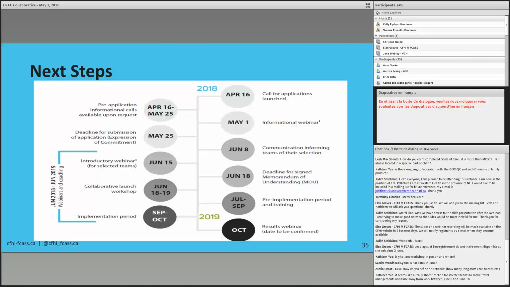Your network will be required to submit data monthly as we proceed so that we can track whether our change is an improvement. And you may be asked to participate in some qualitative evaluation, which could include things like surveys and interviews. The collaborative will end in fall 2019 with a results webinar where teams will share what has been accomplished.